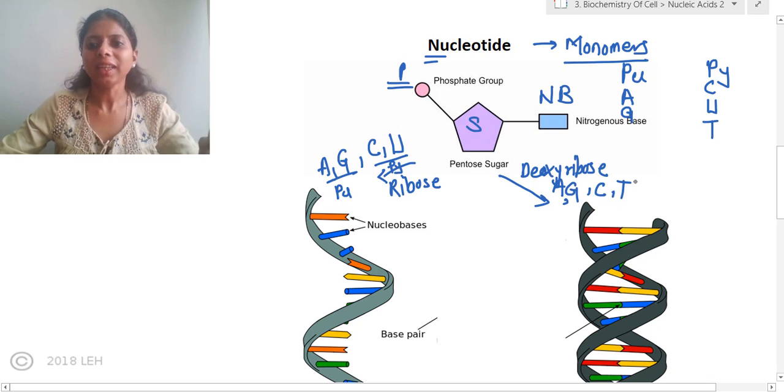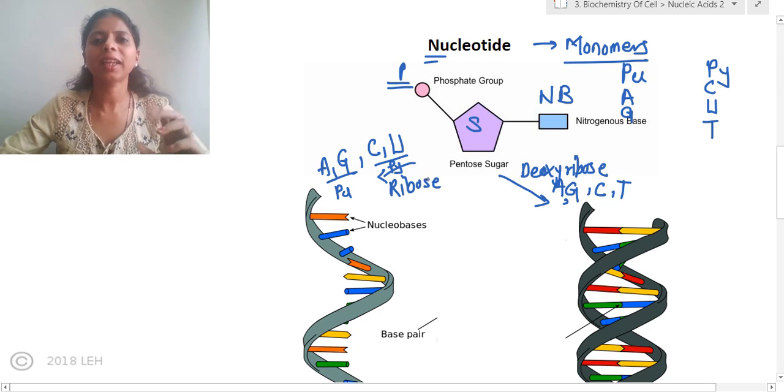And DNA contains thymine, which is never present in RNA. Okay, so it's simple to remember. In the DNA, U is replaced by T, and in the RNA, T is replaced by U. Basically, when we talk about chemical structure, uracil and thymine are very close to each other in their chemical constitution, but still RNA never contains thymine and DNA never contains uracil.